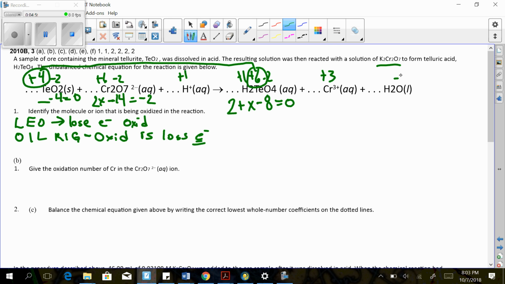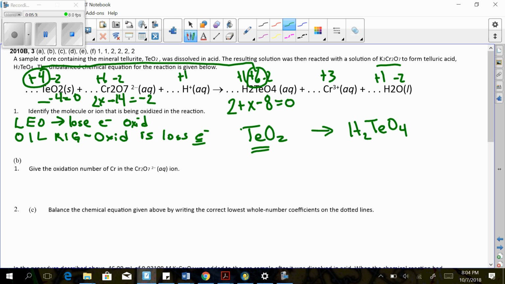Water is always -2 for oxygen and +1 for the hydrogen, so those are not changing charges. But our tellurium oxide, our tellurite mineral, is the thing that's being oxidized when it becomes the telluric acid. And so this is our oxidation half of our reaction.